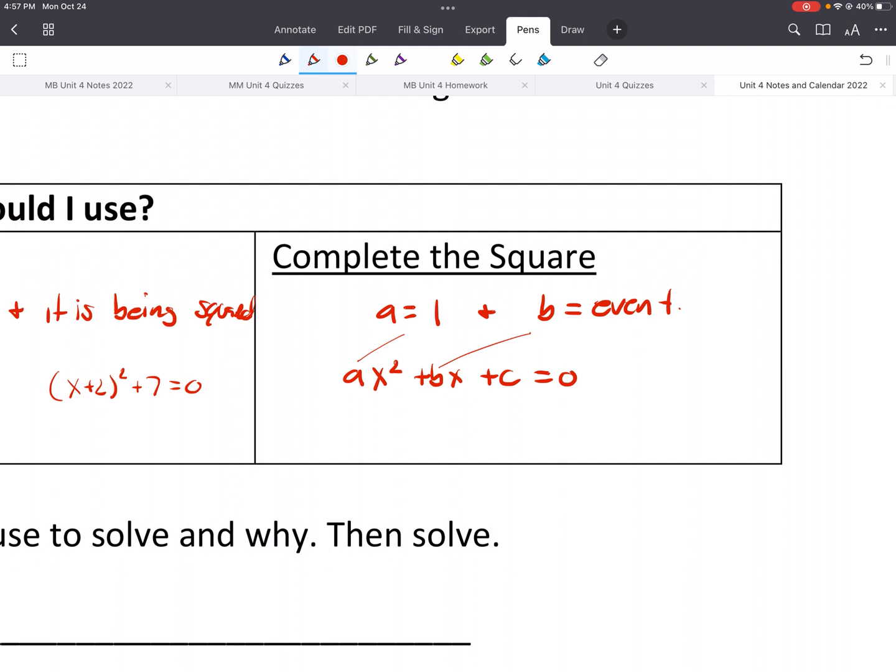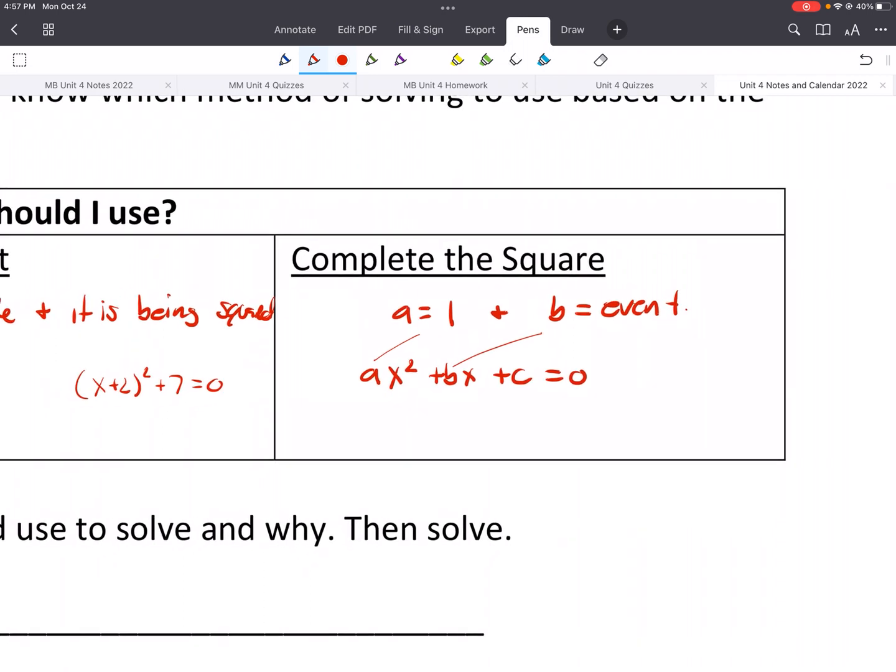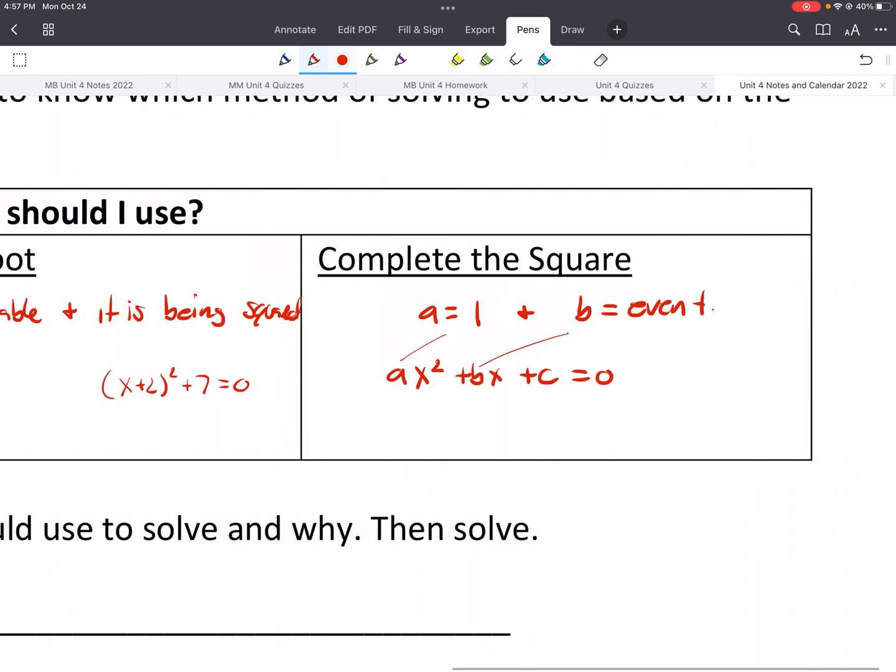So completing the square so far always works, but there will be situations where we'll have one more method that we haven't talked about that you'd probably want to use instead of completing the square if it gets really hairy. So complete the square when a is 1 and b is even. Again, a, b, and c are the coefficients and the constant from standard form.